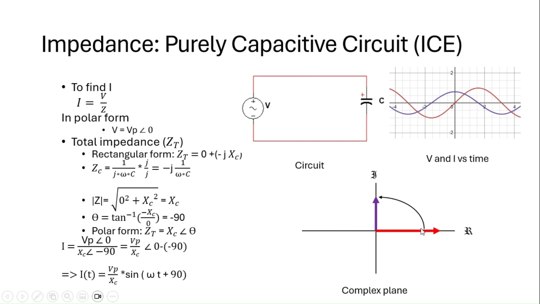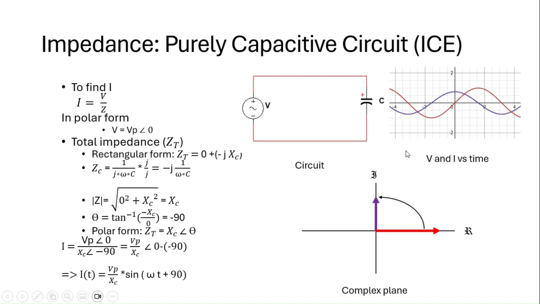And if you remember, when you're dealing with the complex plane and these vectors, as we move along in time, these are going to be spinning at the same rate in a counterclockwise direction, just as my arrow is moving here, to represent the changes as time moves forward.